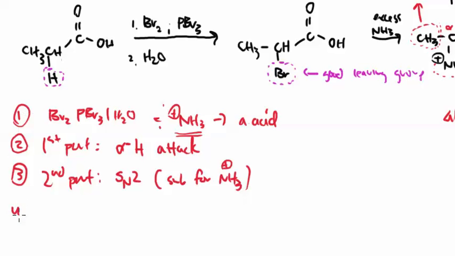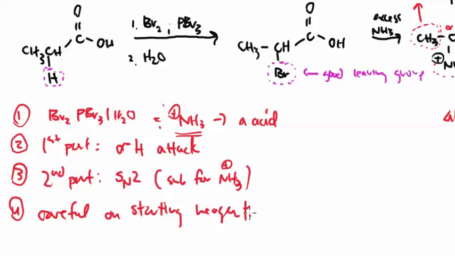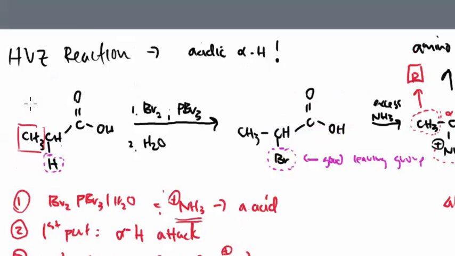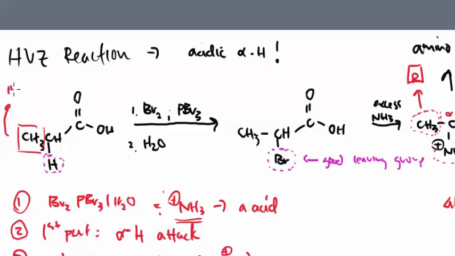Number four, I want to be really careful on the starting reagent, because this is what's going to determine the actual amino acid that I will end up with after this reaction is over. So this area of the molecule is very, very important. And this is what's going to determine the type of amino acid that I'm making.